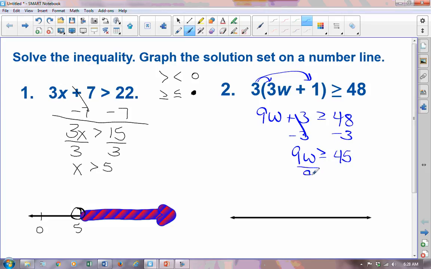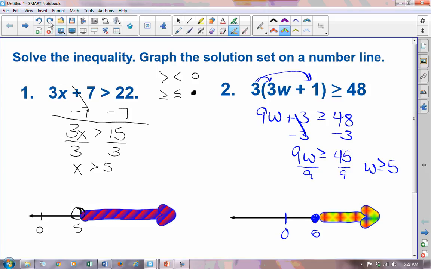And then we'll divide by 9. And we'll have w is greater than or equal to 5. And then that gets a closed circle, because it has the equals to, and it will shade also to the right.